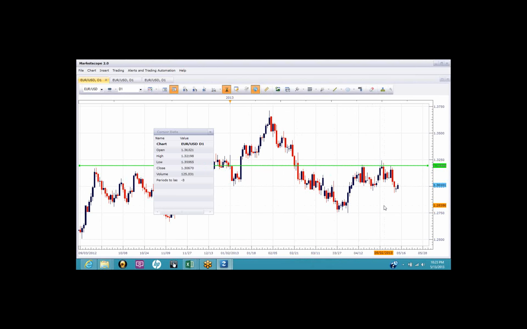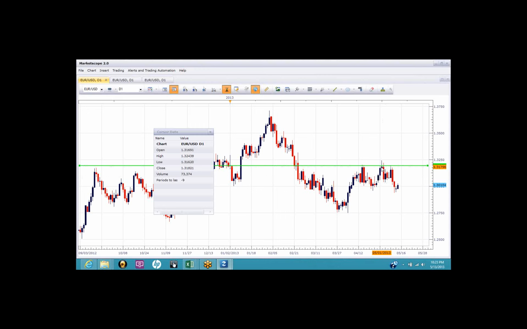Where is the next high? Okay. So the next high would be this bearish bar here, because it's higher than this past bar here. Where is the highest high?